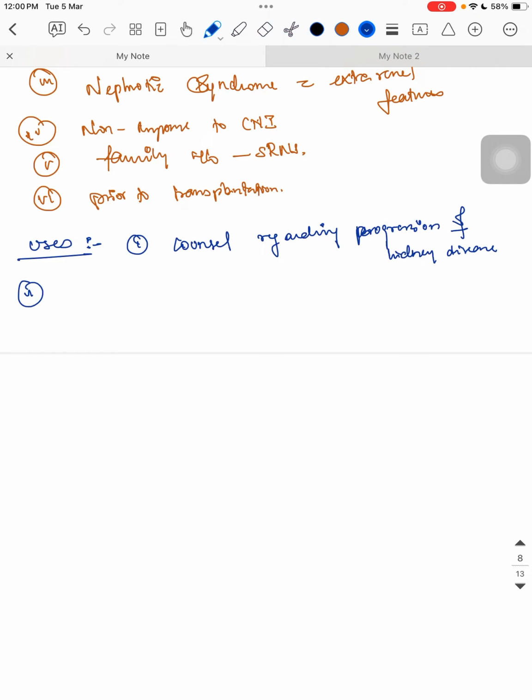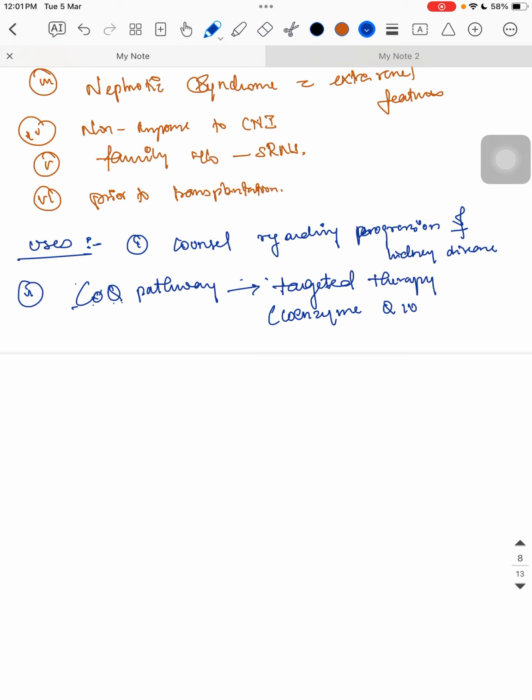Second, you can use a targeted therapy. Sorry, I've changed. If you find a defect in the CoQ pathway, then you can start the child on a targeted therapy, that is coenzyme Q10, for the defects of the CoQ pathway.